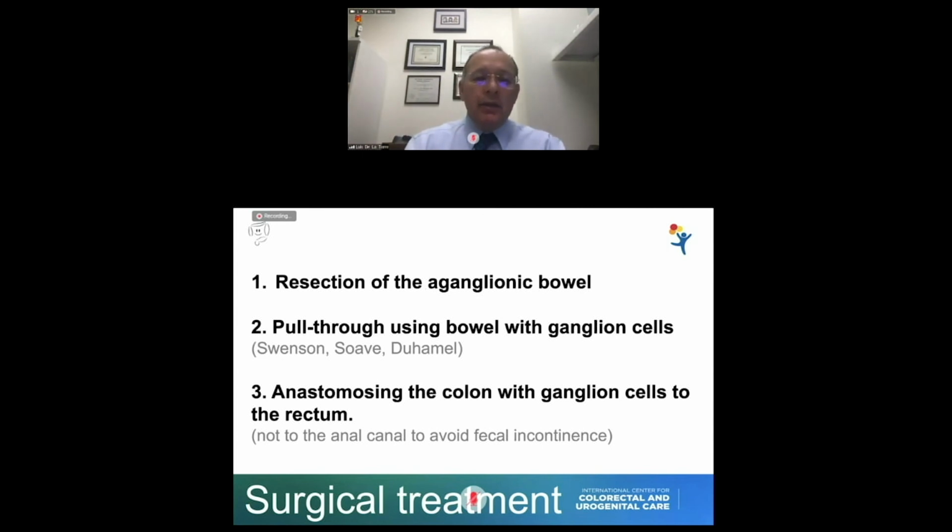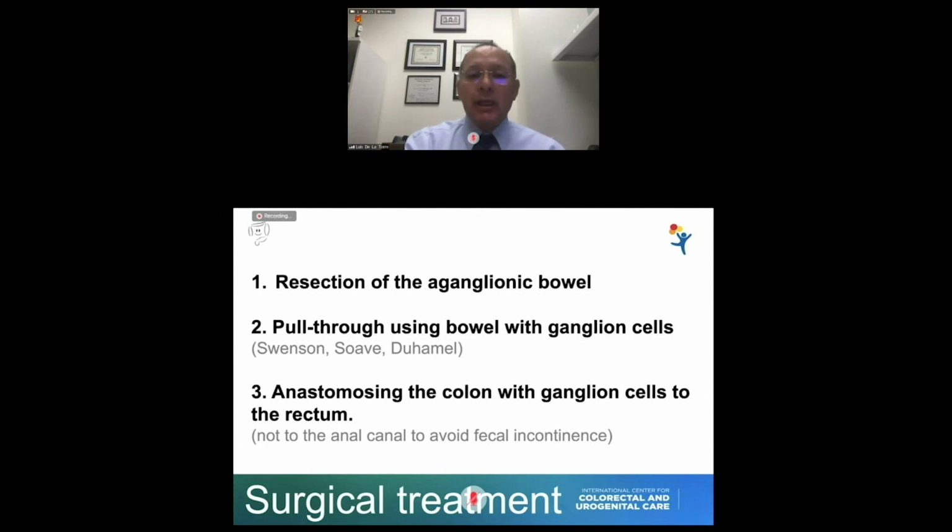And at the end, the third step is to create a good connection that we call the anastomosis from the colon with ganglion cells to the rectum. Below the rectum, very close to the anus, we have a little segment that we call the anal canal. One of the problems that we have seen in the last years is that many surgeons connect the colon with ganglion cells to the anal canal.